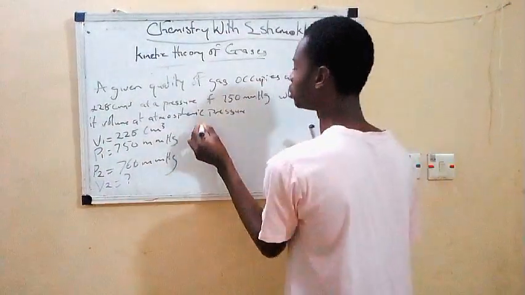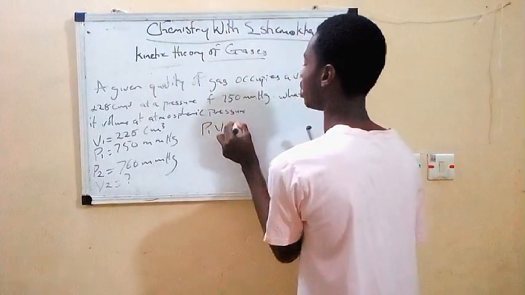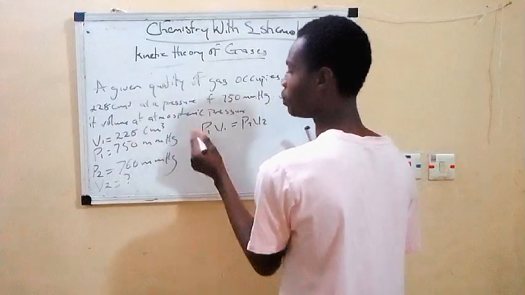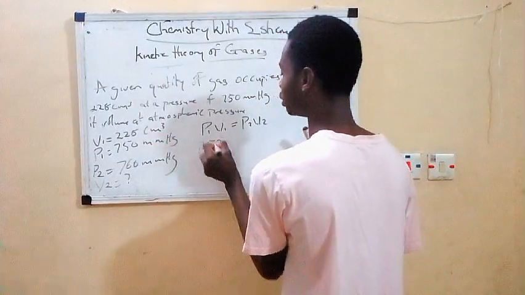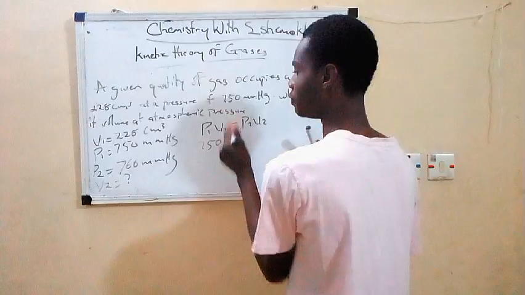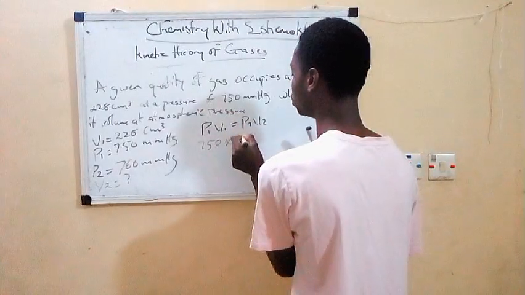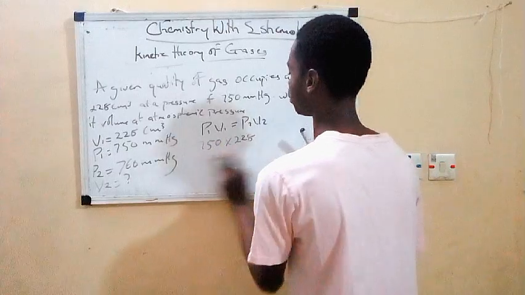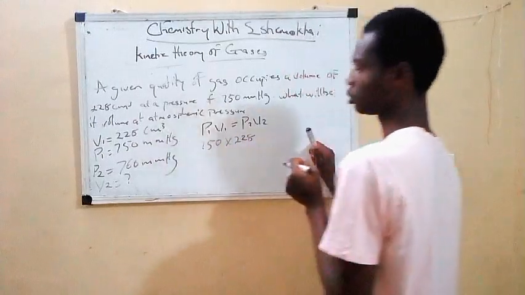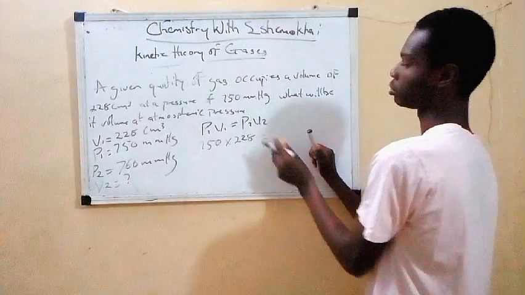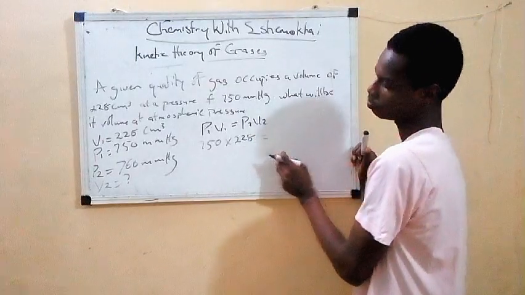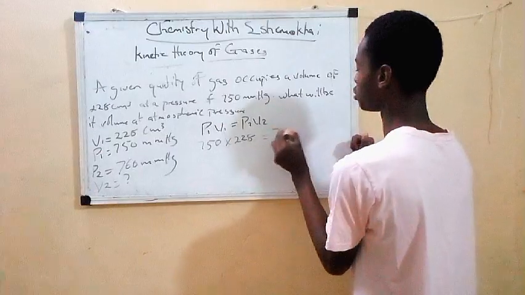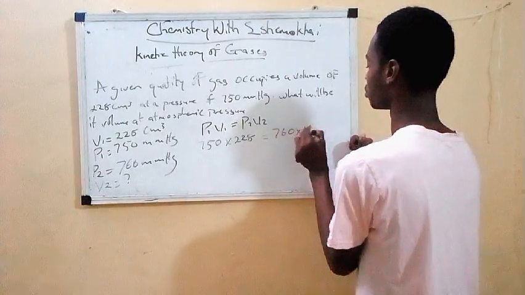P1 V1 equals to P2 V2. P1 is what? 750, times V1, which is 228, equals to P2, which is 760, times V2.